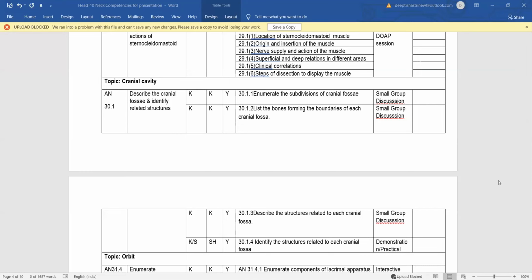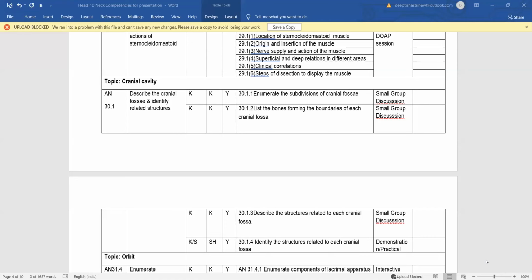I think Dr. Saikat and myself agree it should be S and SH. Identify is under the SLO of cognitive skill. We are doing cognitive skill here, not psychomotor skill. So, sir, I think it should be S only. Okay, sir. Fine. We'll do it.